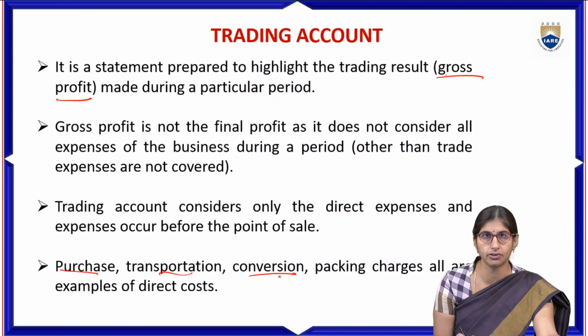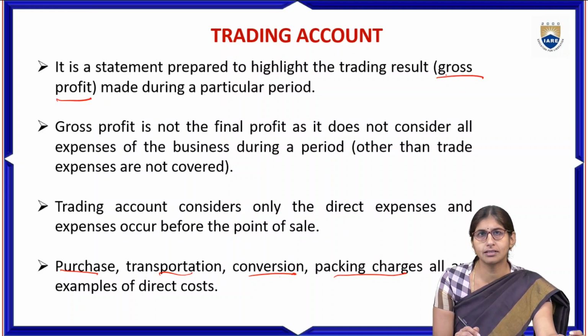That conversion cost is covered in this trading account, along with packing charges. All these are the direct costs or direct expenses. Frankly speaking, we can say that all the direct expenses are like the factory expenses.